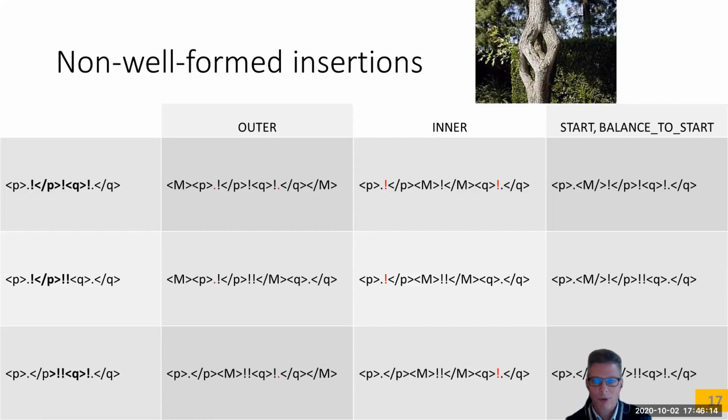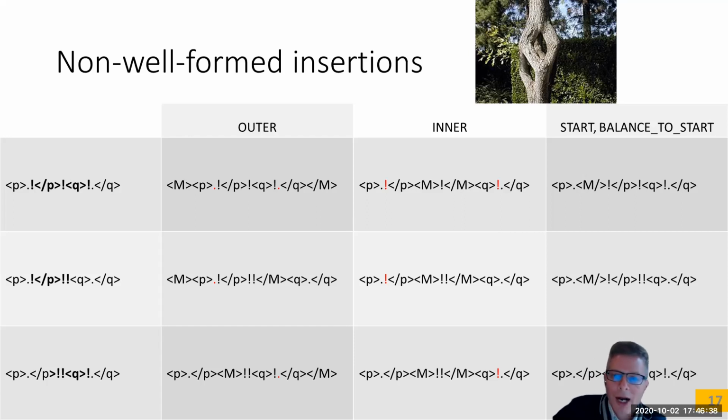In the top row, we have the case where the start of the new element M is inside the element P, and the end position of the new element M is inside Q. So clearly we can't insert M there, and here the outer and inner balancing strategies are different.